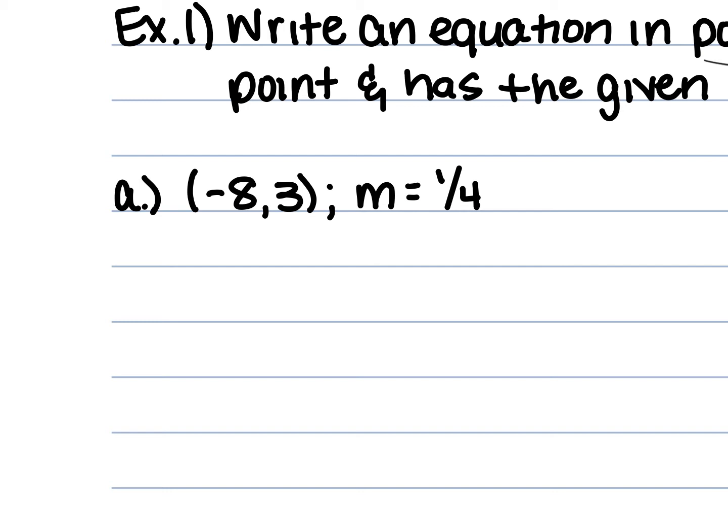We did not do a problem where they did not give us the y-intercept. Is this the y-intercept? How do you know it's not the y-intercept? X is -8, not 0. Do you guys see that? So automatically we know, okay, we're not using slope intercept form. We have to use point slope form, okay? We know the slope is 1/4. And this point, we're just going to label it x1 and y1, okay?